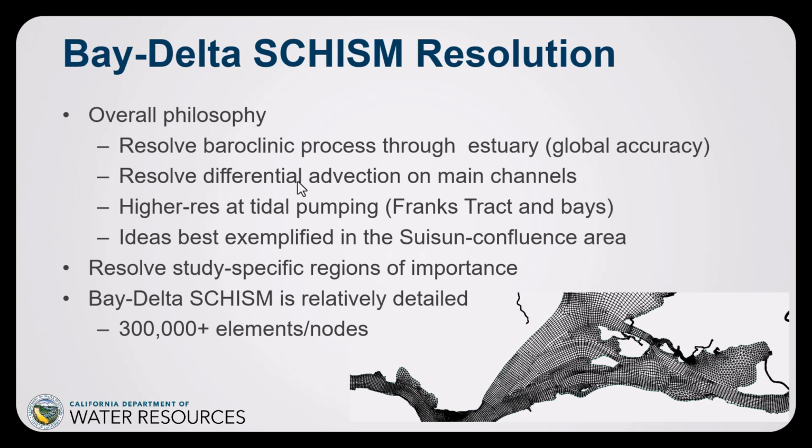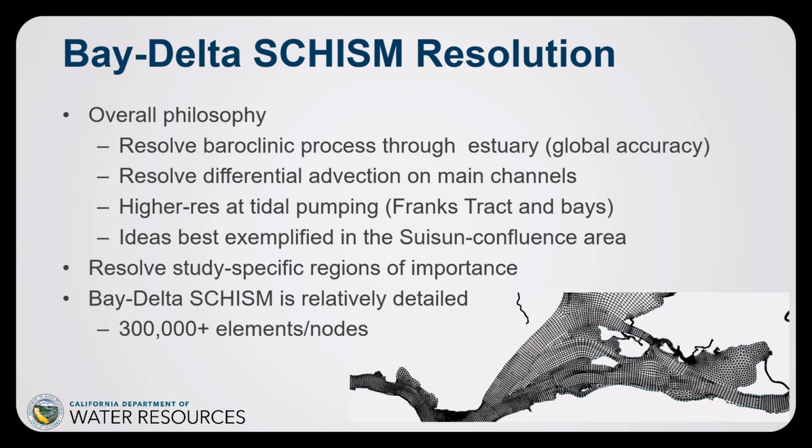The limiters for modeling in the delta tend to be differential advection and jet in channels and the jet sink exchange at Frank's Tract. We also find a lot of resolution sensitivity at the entrance and exit of Suisun Bay, where you have the connection either to Carquinez Straits on the west side or the main channel of the Sacramento on the east side.